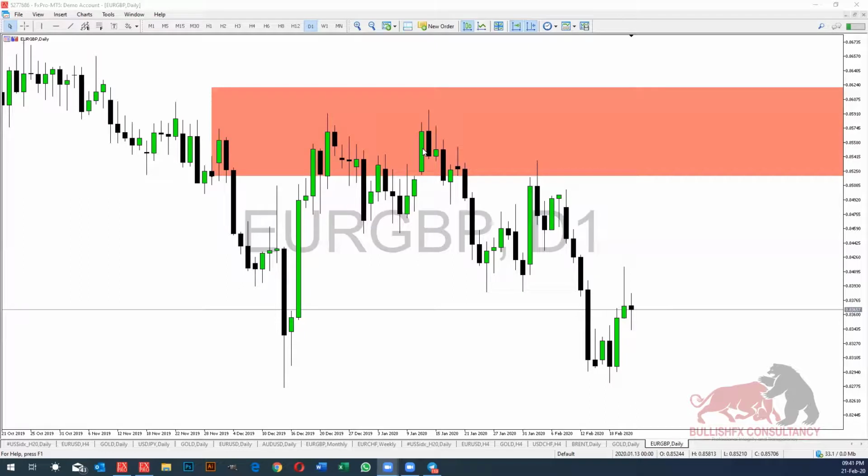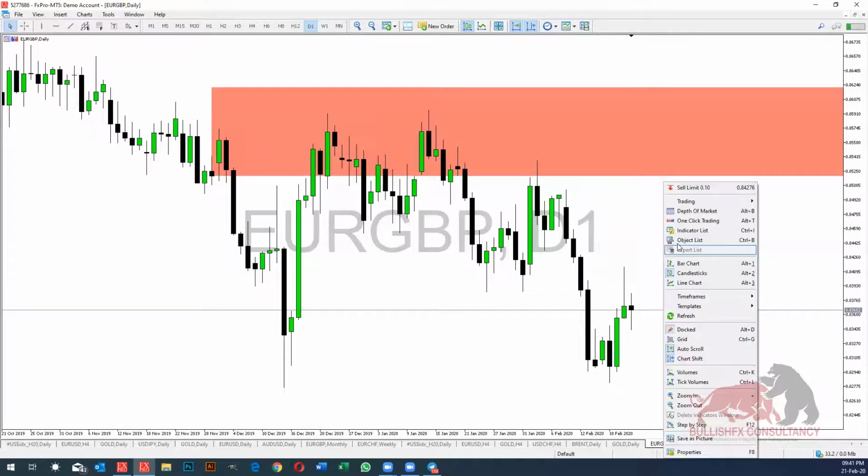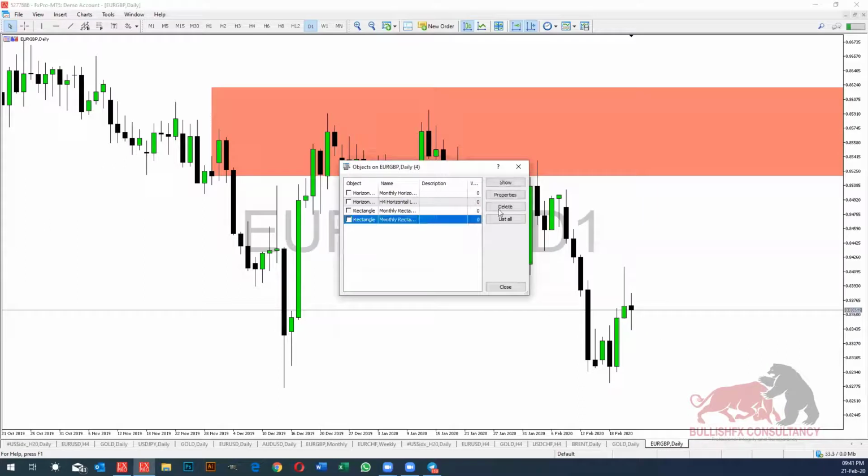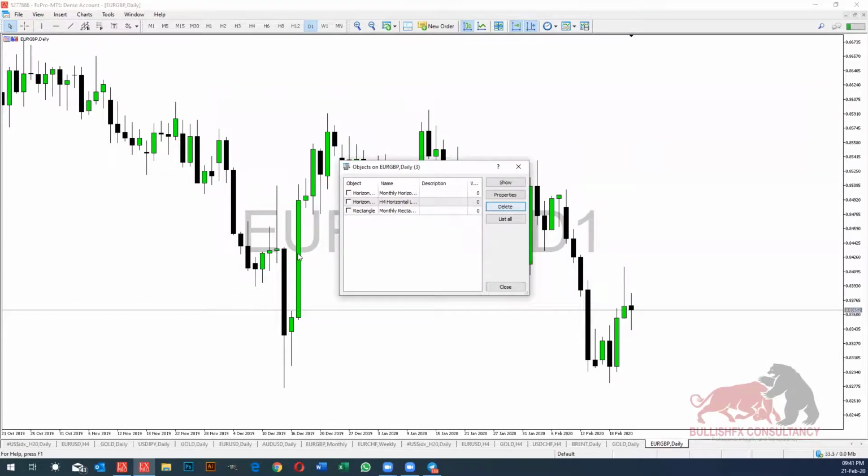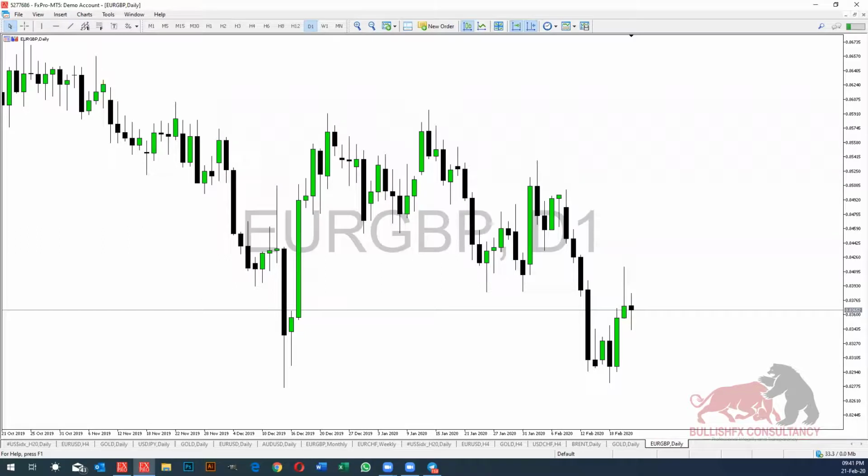Like now on this price action here, short uptrend. Remember, you're looking at Euro GBP. Your order flow is bearish, right?